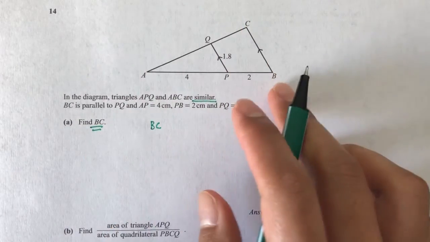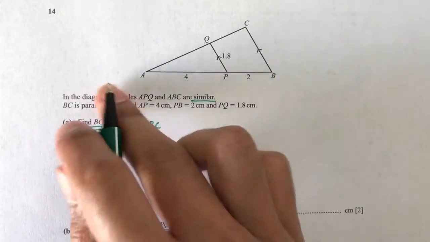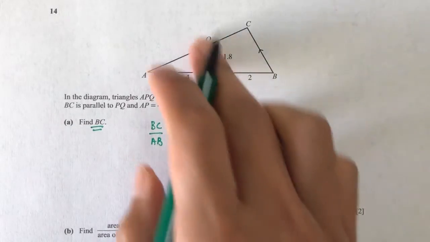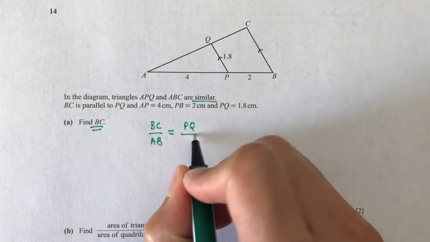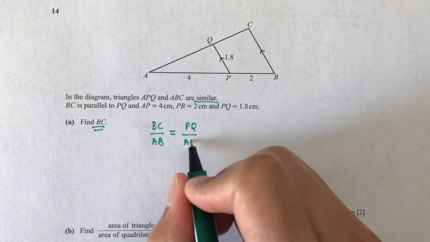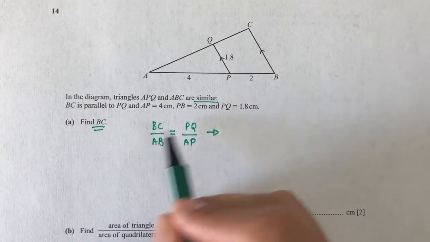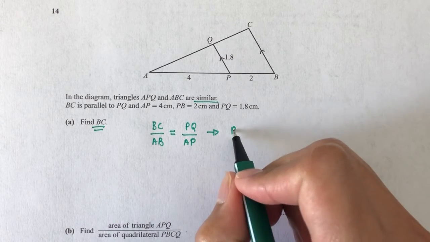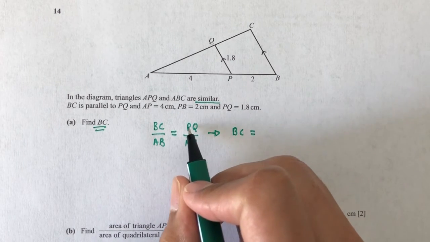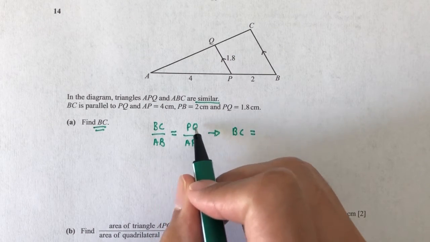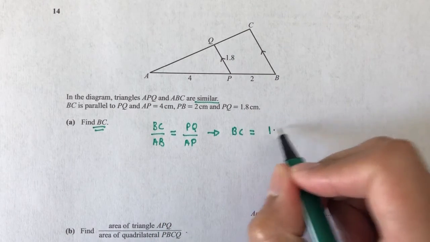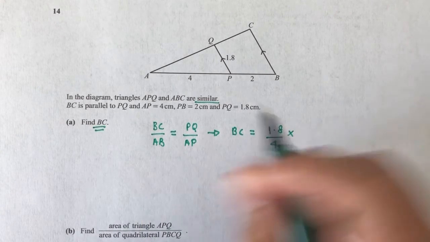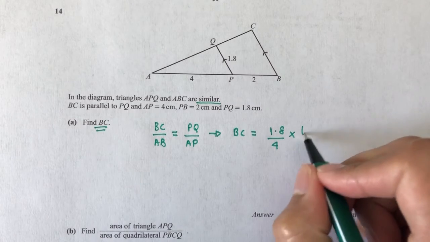So we say that BC over AB is equal to the ratio of PQ over AP. So we can only use this because they are similar, and from that we can find the value of BC. So BC is equal to PQ, which is 1.8, divided by AP, which is 4, times AB. AB will be 4 plus 2, will be 6.